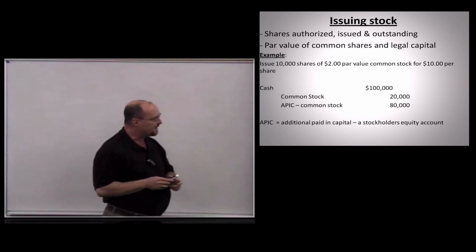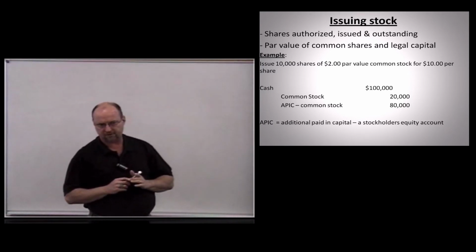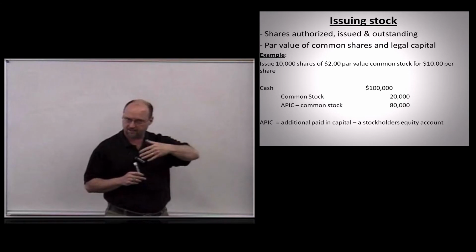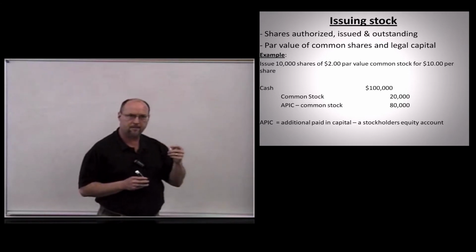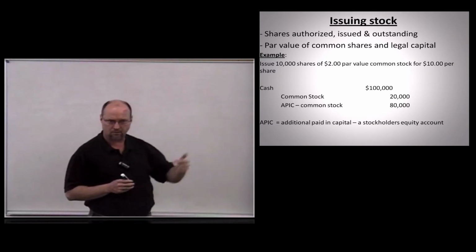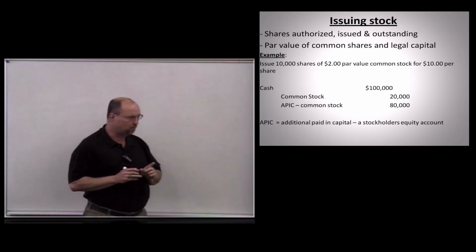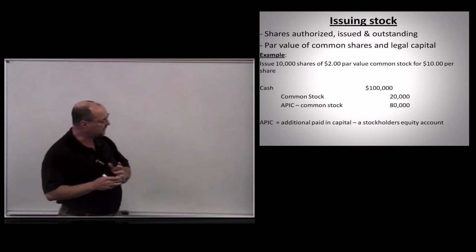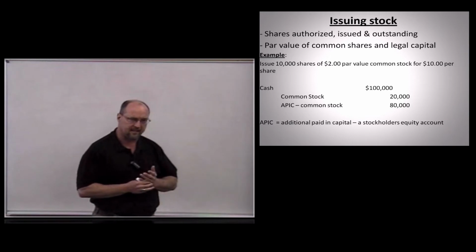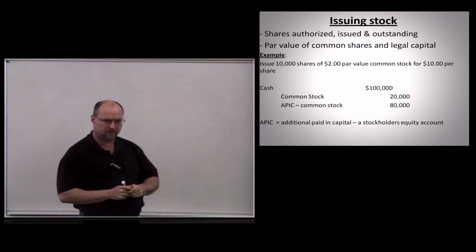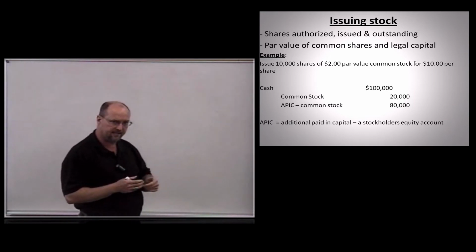Initially, those shares of stock that our investors now have in exchange for their money are considered to be both issued and outstanding. In just a little while, we're going to see sometimes shares can be issued but not outstanding. But when we first issue those shares of stock, they're both issued and outstanding.